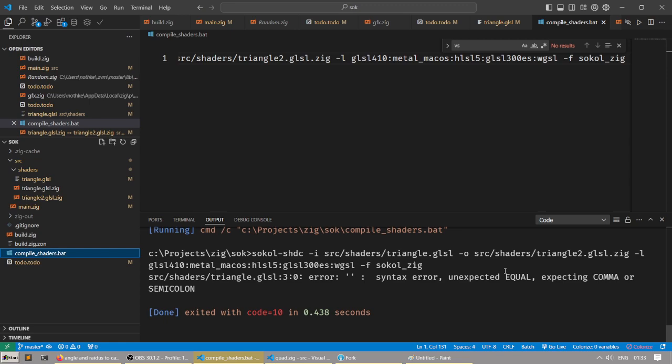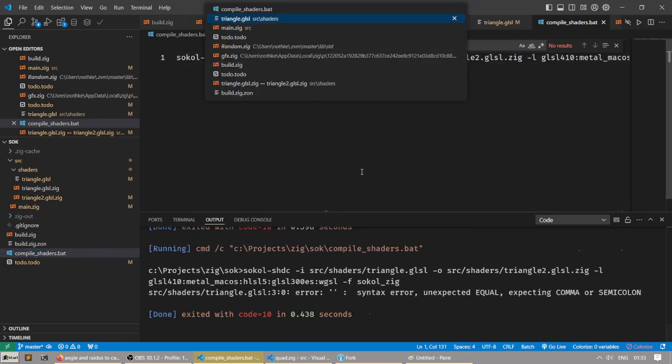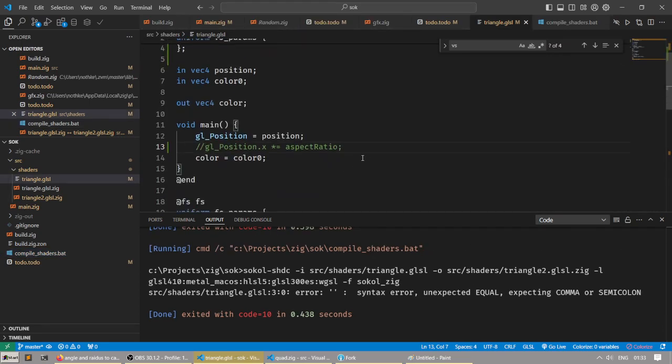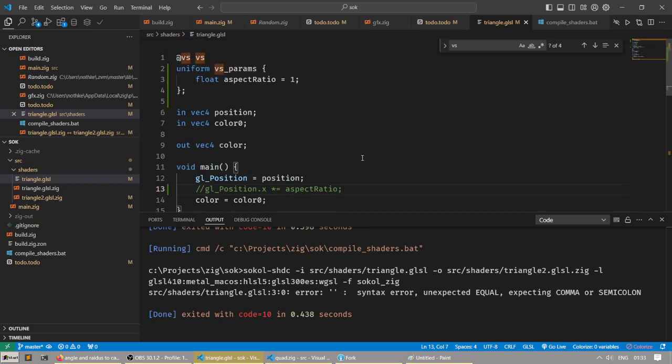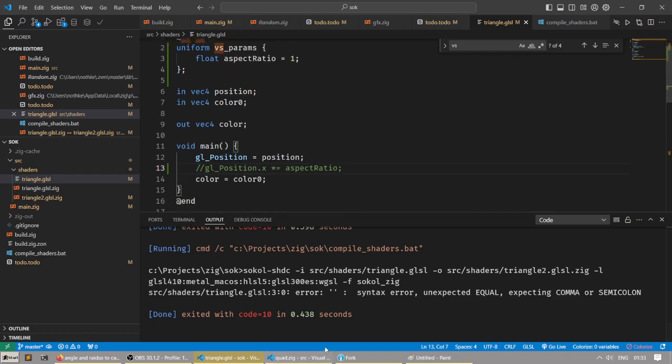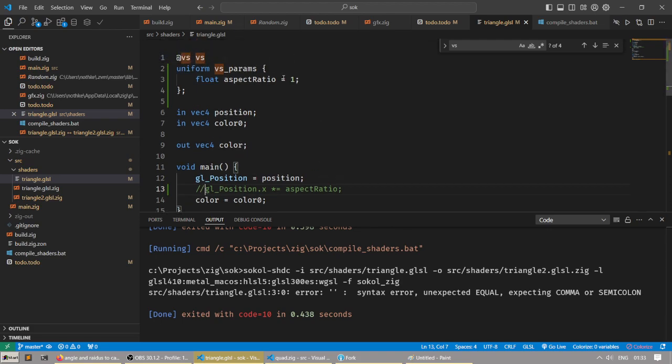Syntax error, expected equal, expecting comma. What the hell? Expecting equal. Syntax error. Where? Oh, so I think it doesn't even allow this. Expected equal, expected comma, or semicolon.